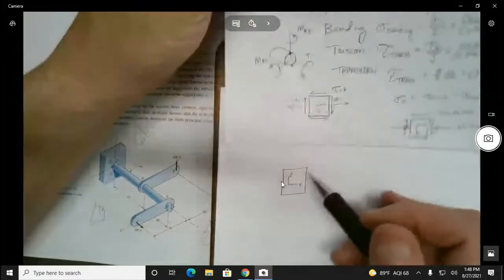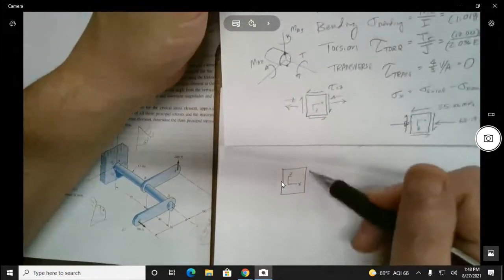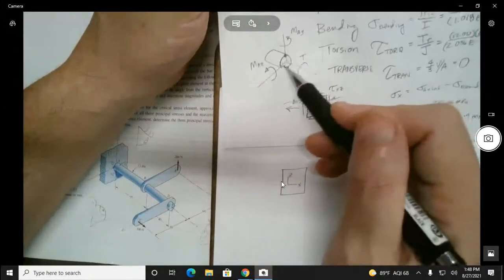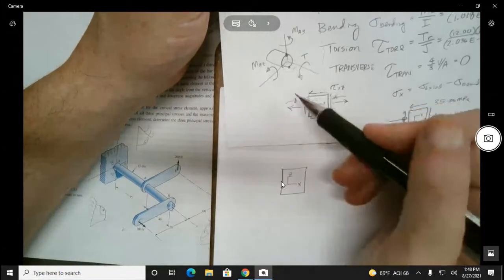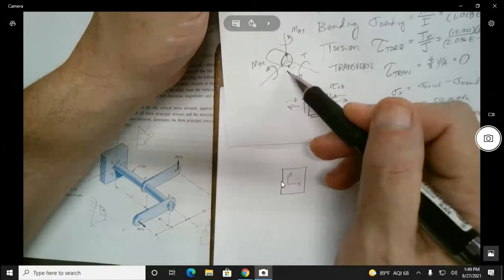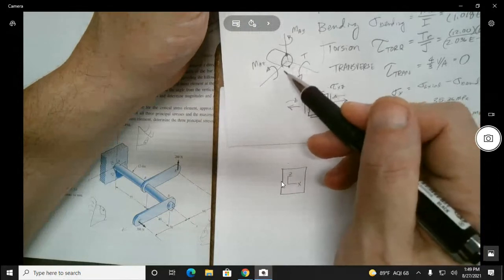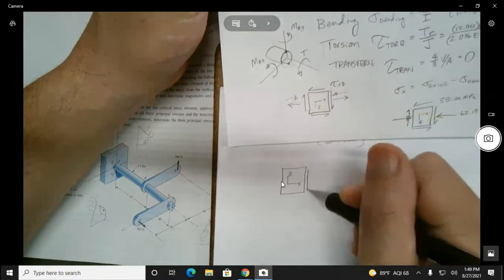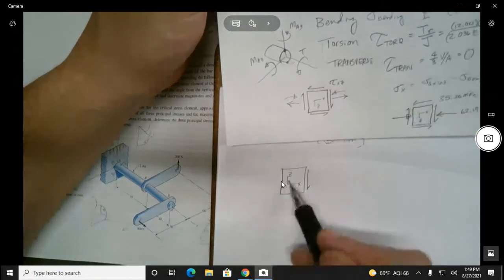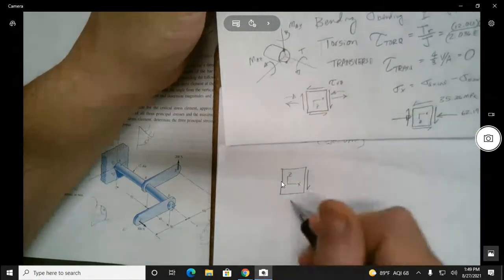In order to decide which way, remember this is the X face right here. This torque is coming around and coming around down that way right there, which means that it's going to go in the negative Z direction across that face. So we know it's going to be like that because we drew the axes on there.